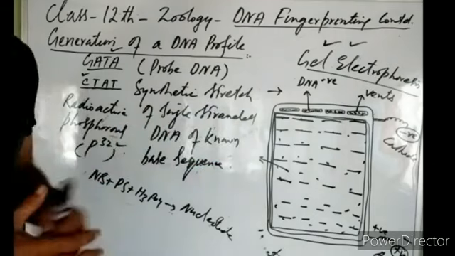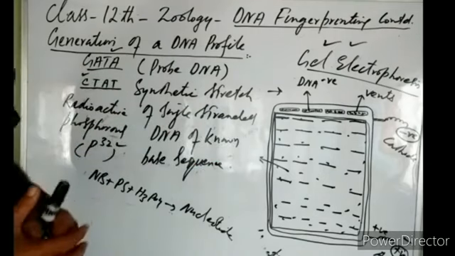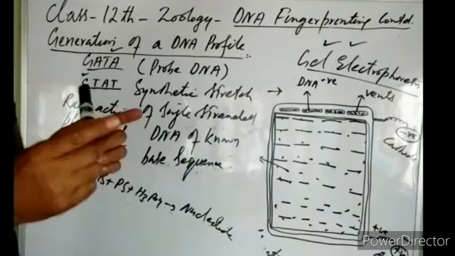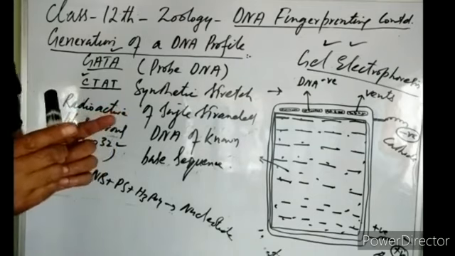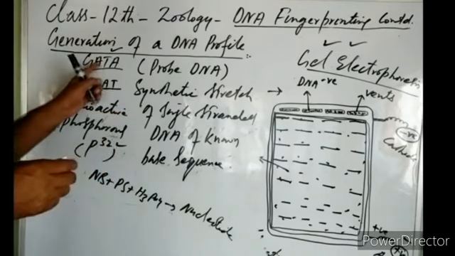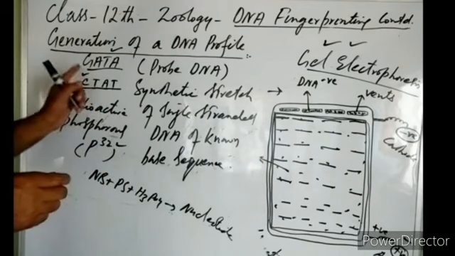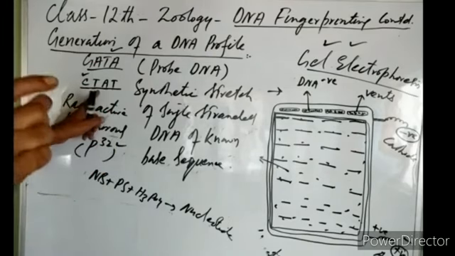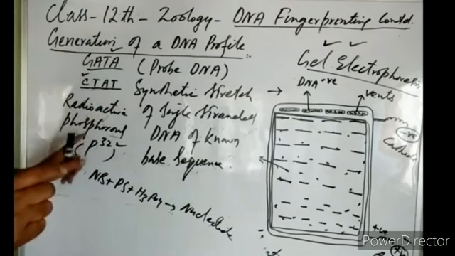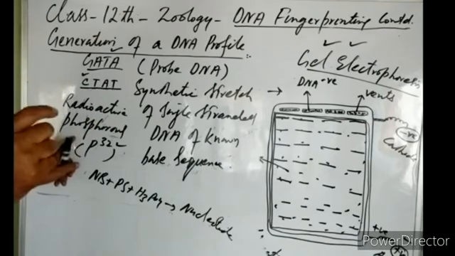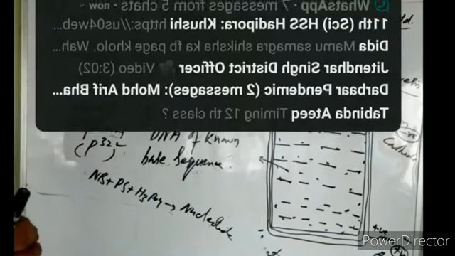So for solving this problem, they developed probe DNA. This probe DNA is a small stretch of DNA of known base sequence, right? Of complementary base sequence to GATA. They make this small stretch of DNA, which is complementary to GATA, radioactive. They have used phosphorus 32 radioactive isotope, right?